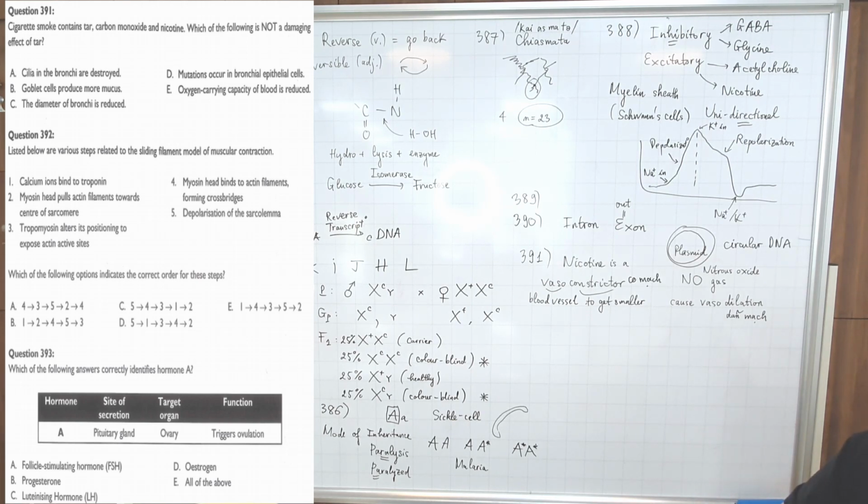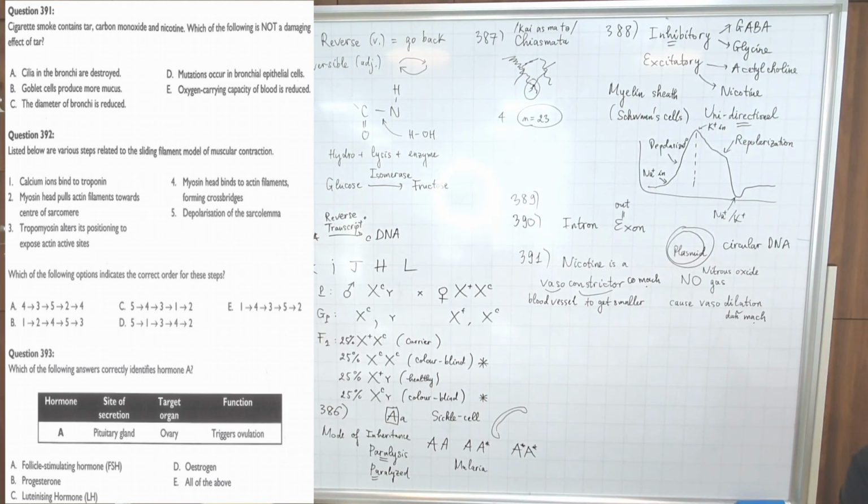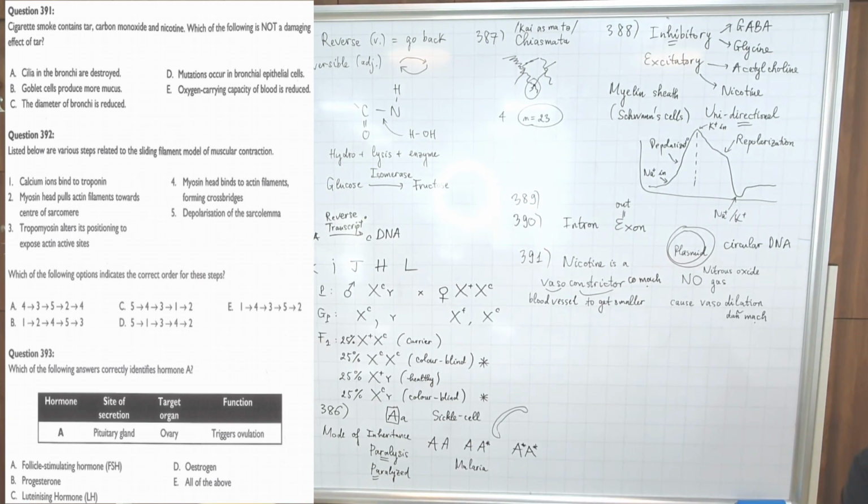Not a damaging effect of tar. Interesting. Why oxygen carrying capacity of blood is reduced? Oh, I think capacity means naturally the hemoglobin can carry more oxygen or not.